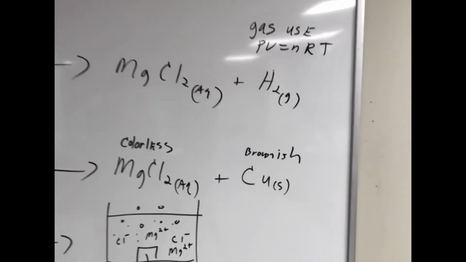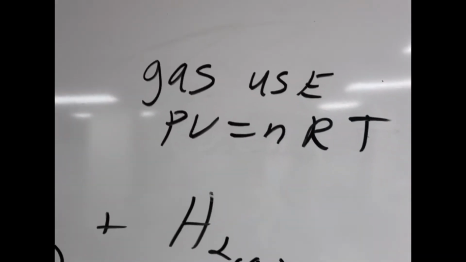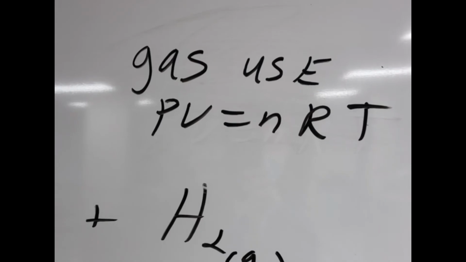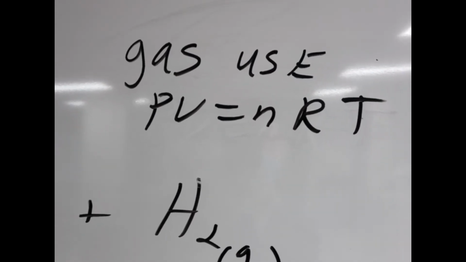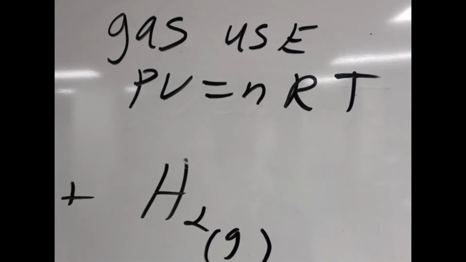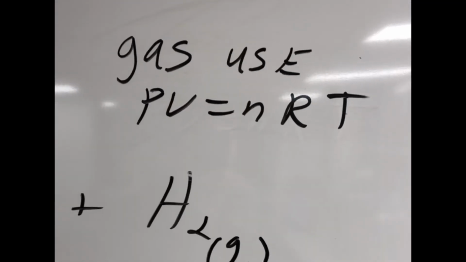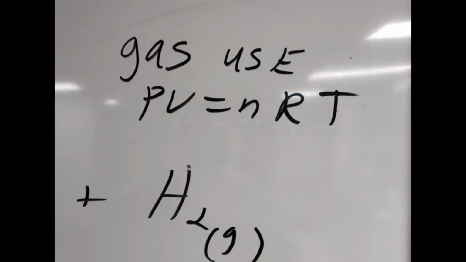And again, notice, since we're studying gas laws, we could determine the moles of the H2 gas and then plug that into PV equals nRT and determine maybe the volume that this gas would occupy under certain conditions of temperature and pressure. Now here is a look at the reaction as it's actually happening.